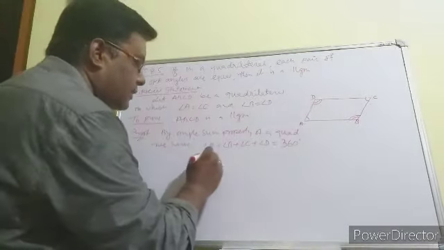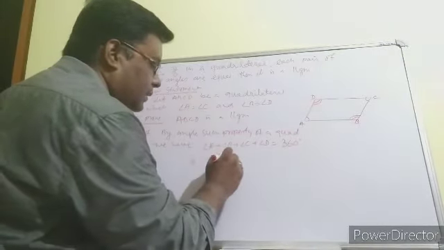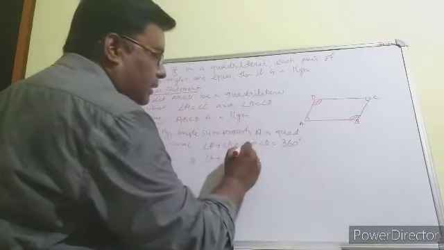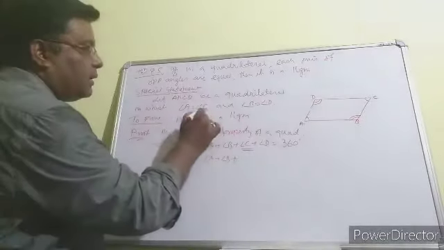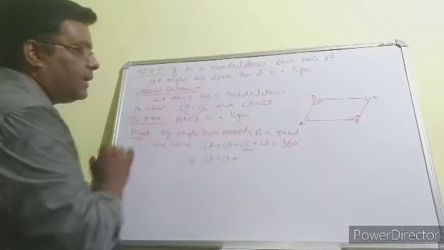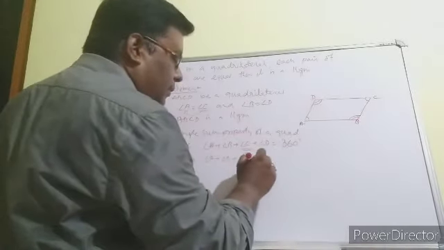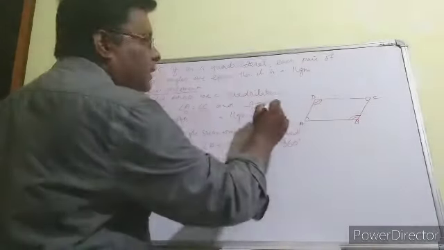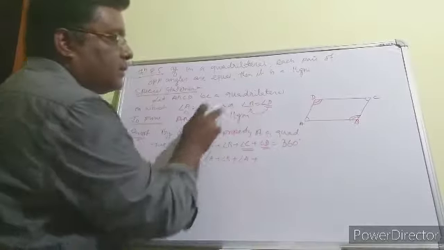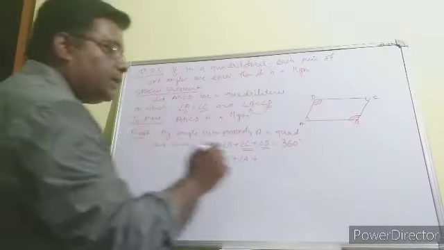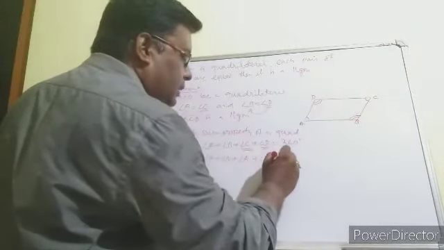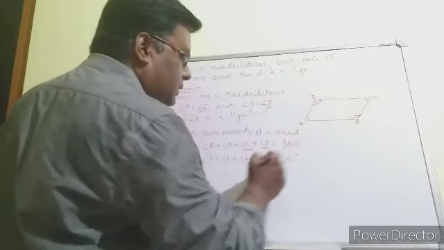Now this implies angle A plus angle B plus, in place of angle C, because angle C is equal to angle A is given, so we can write angle A, plus, in place of angle D, we can write angle B here. So angle B is equal to 360 degrees.